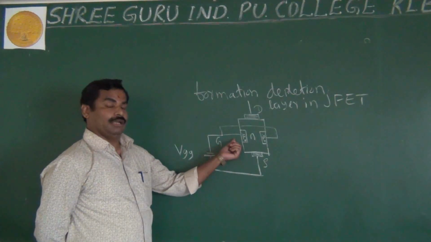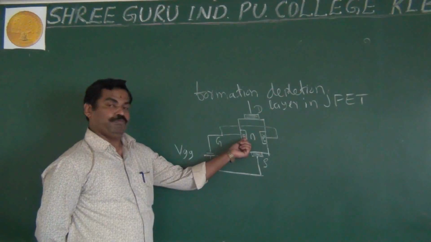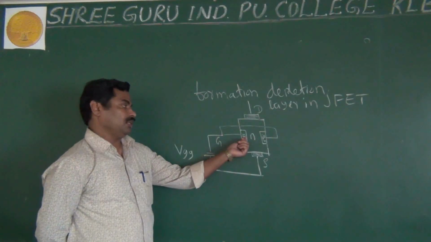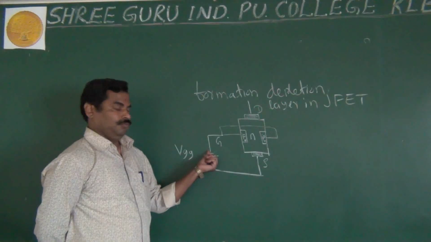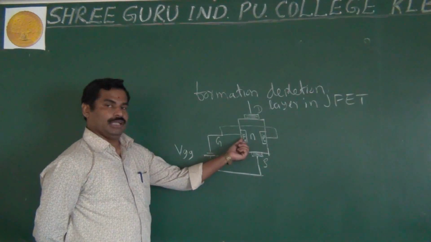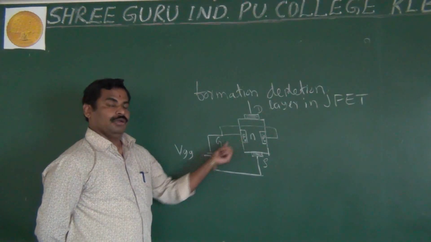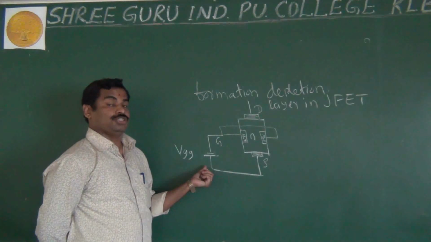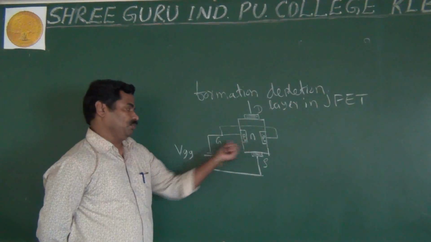And how to make it reverse bias? The P-type semiconductor is connected to the negative terminal. As we know, forward bias means same polarity, and reverse bias means opposite polarity. It means positive, negative.